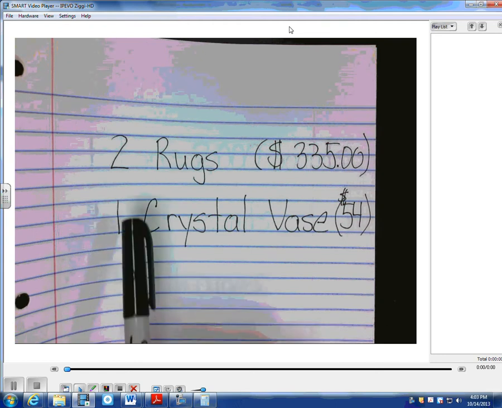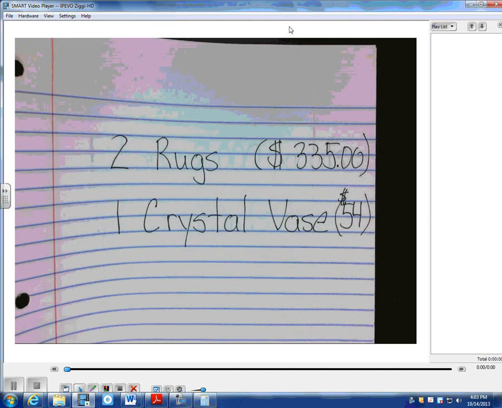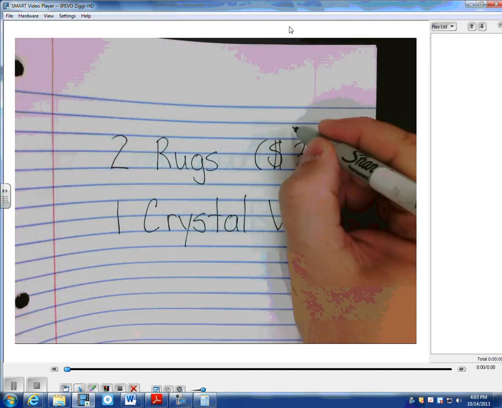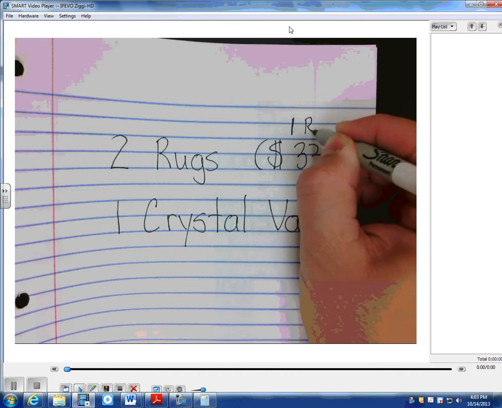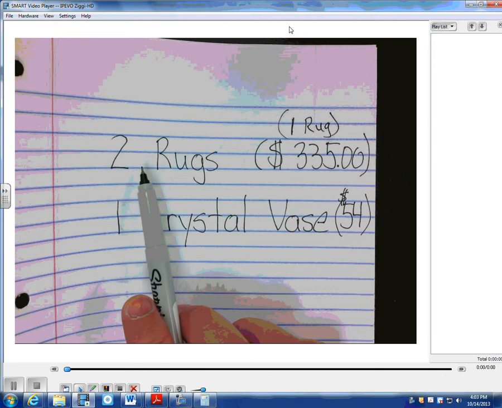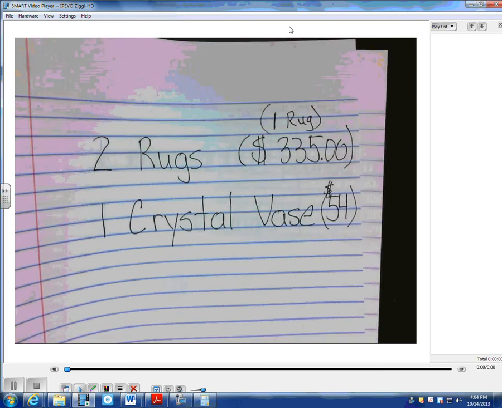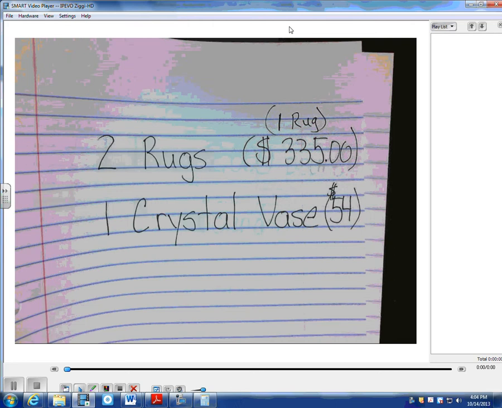But just know that the 2 rugs are $335 a piece. So this is for 1 rug. So don't get confused by that. You need 2 of those. And then you need to buy a crystal vase, which costs $54. Don't forget to label your answer with a money sign when you're finished.